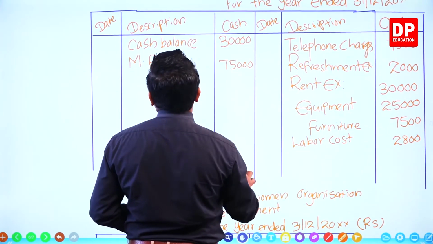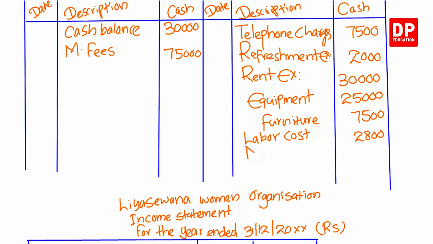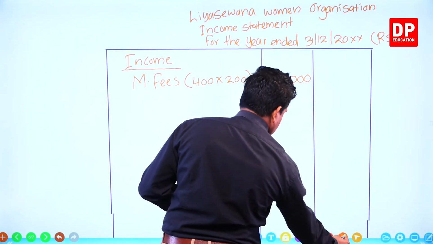Purchase of magazine 600. Sales of magazines 400. Okay, these two we have to record in the income statement also.